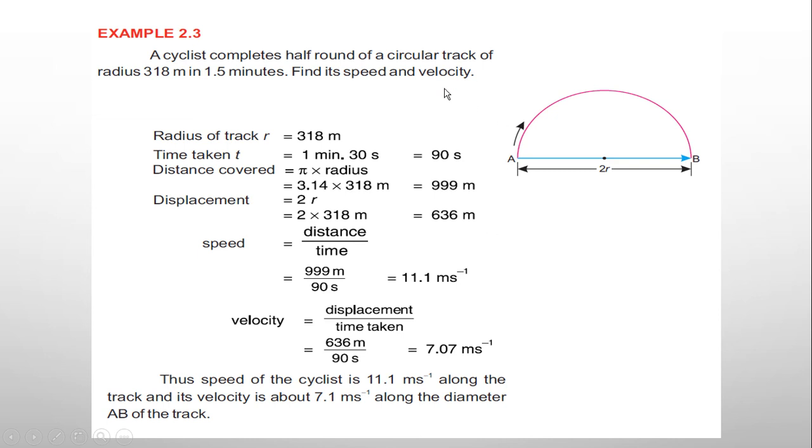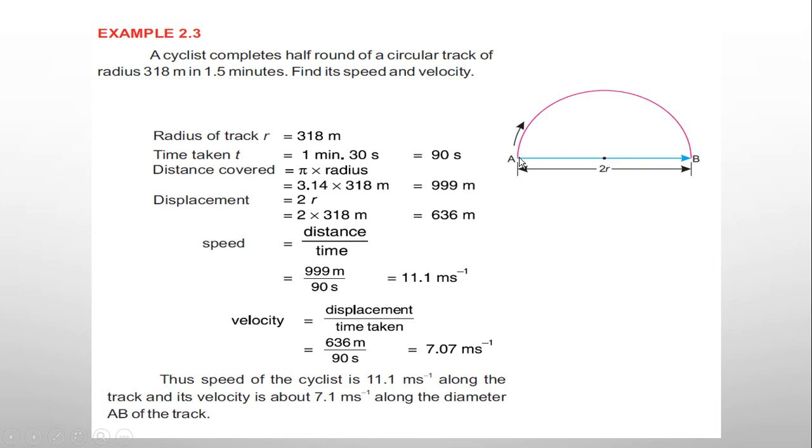Now the second part of the numerical: you have to find out the velocity of that particular cyclist. Velocity is the displacement divided by time taken, and you know that displacement is the shortest straight line distance between 2 points.